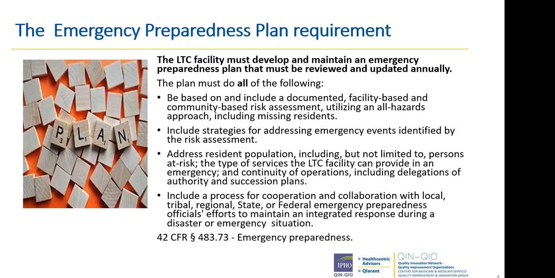Include strategies for addressing emergency events identified by the risk assessment, address resident population, including but not limited to persons at risk, the type of services the long-term care facility can provide in an emergency, and continuity of operations, including delegations of authority and succession plans, and include a process for cooperation and collaboration with local, tribal, regional, state, or federal emergency preparedness officials' efforts to maintain an integrated response during a disaster or emergency situation.